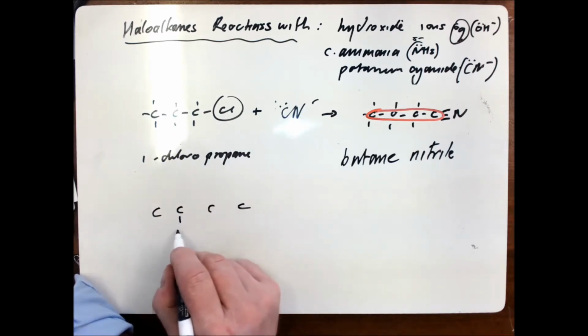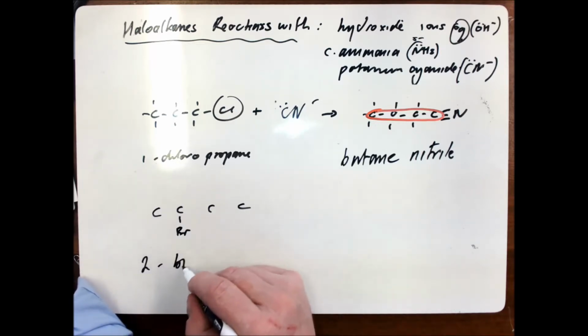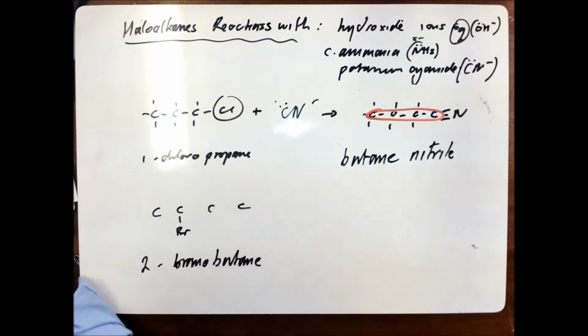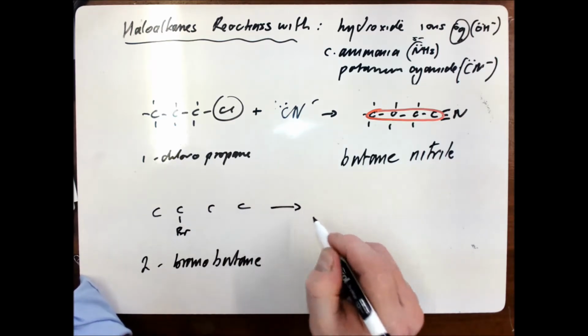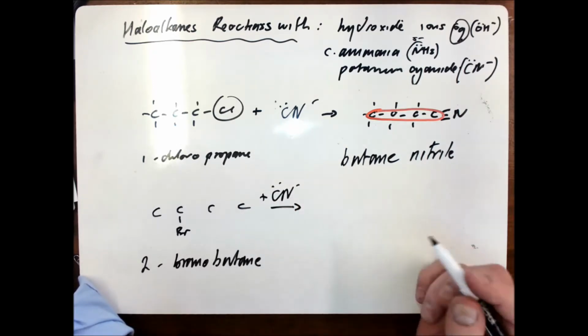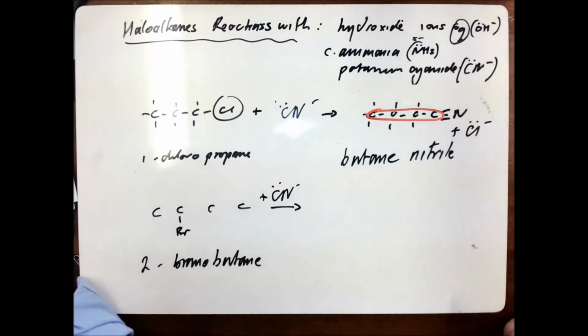Let's take Br here, so 2-bromobutane, okay, with our cyanide ions. I should have accounted for Cl minus there as well, sorry.